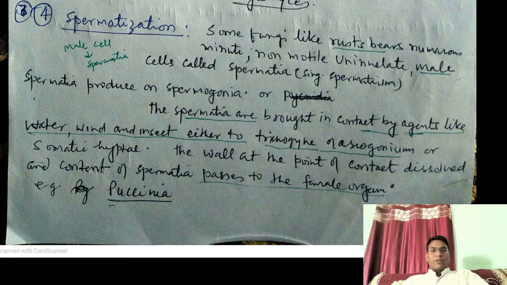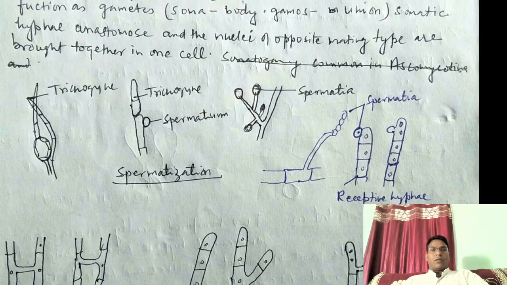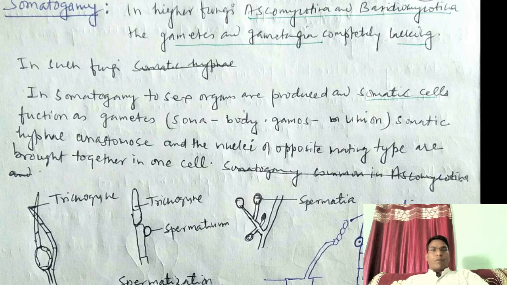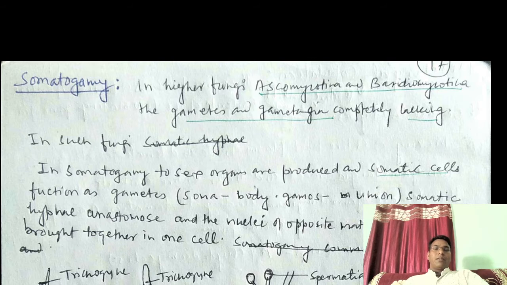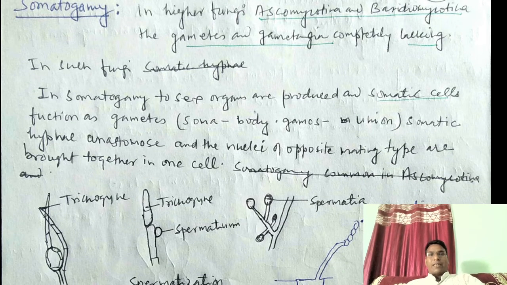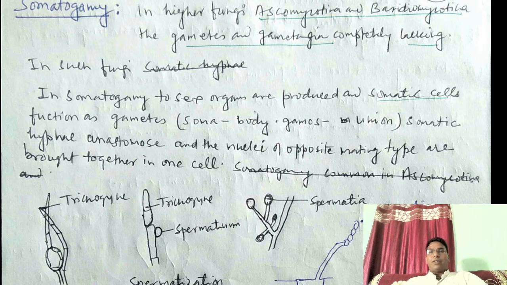Now the next slide. The next type of reproduction is somatogamy. In higher fungi, Ascomycotina and Basidiomycotina, gametes and gametangia are completely lacking. In such fungi, in somatogamy, sex organs are not produced and somatic cells function as gametes.